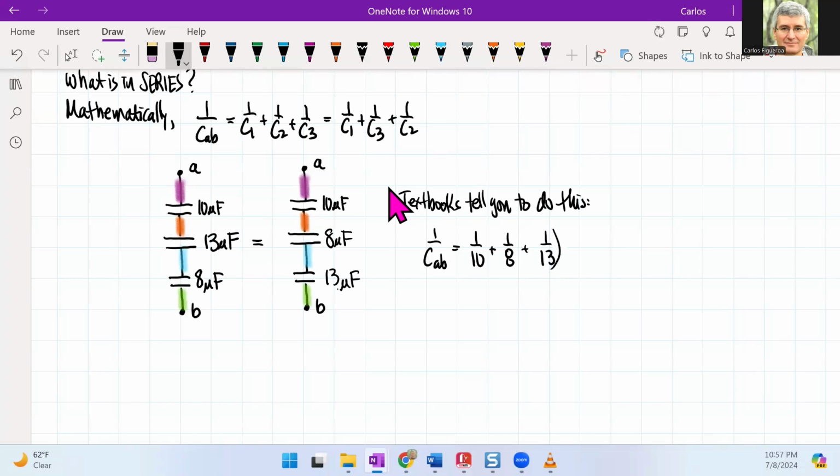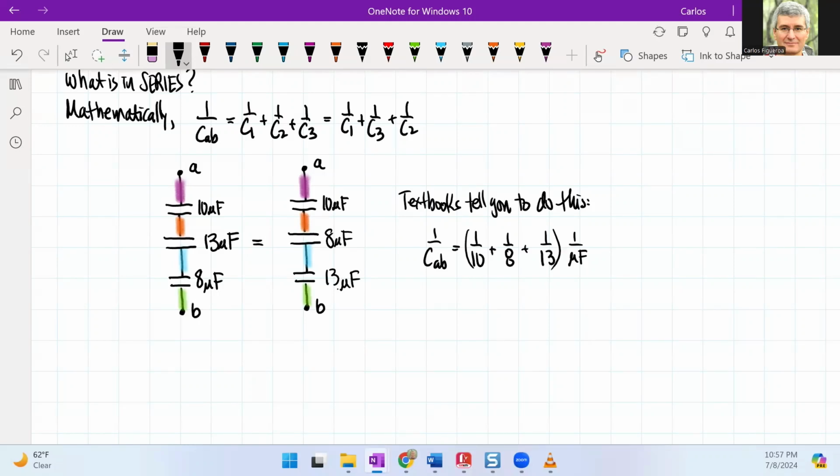And of course, these units are going to be in 1 over microfarads. So a lot of the time, this can become quite cumbersome. The reason why is that it's a nightmare to actually do that. So most of the time, you should be sticking that into your calculator.